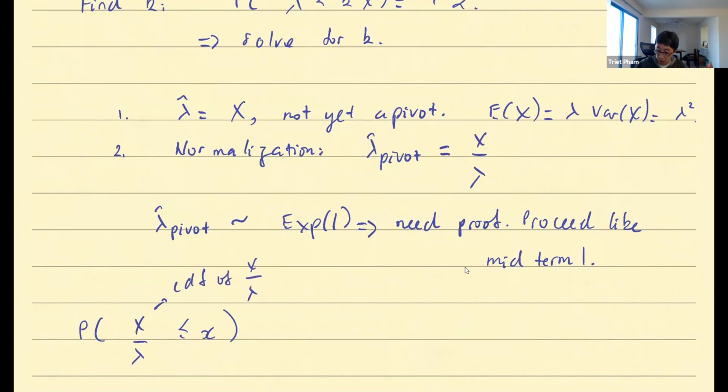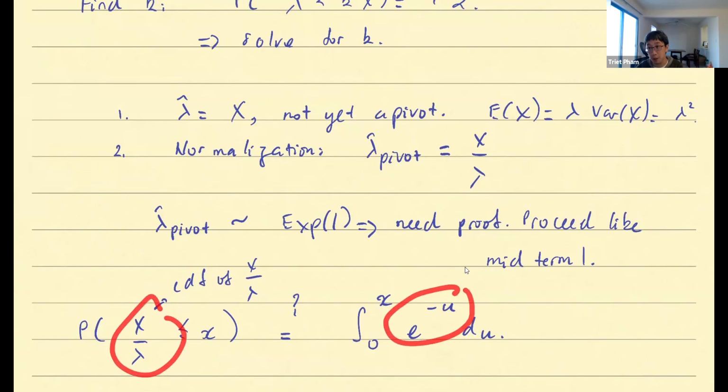If it were bona fide an exponential 1, then it should be this. Agree? What am I saying? If this is true, then this is exponential 1, because this is the density of exponential 1.